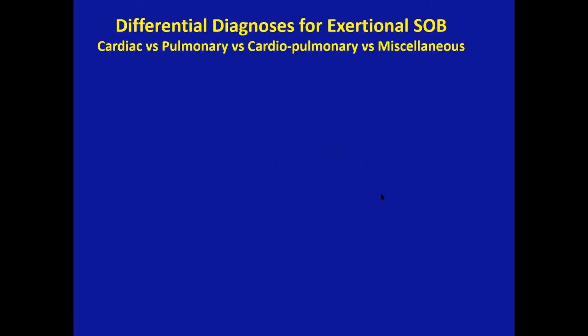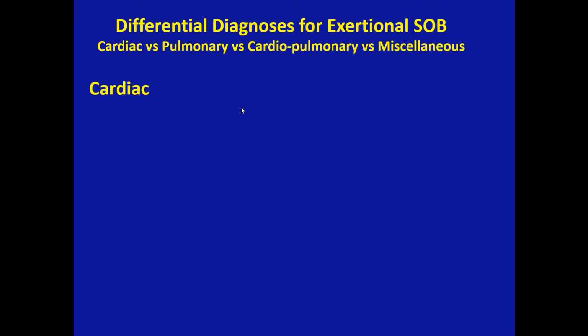So this is the differential diagnosis for exertional shortness of breath for anybody. The main differentials are cardiac versus pulmonary versus a combination of cardiac and pulmonary versus miscellaneous, meaning multiple factors.